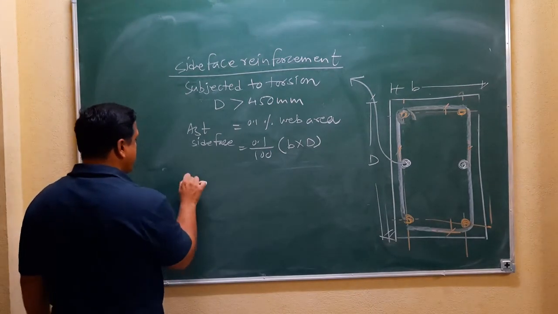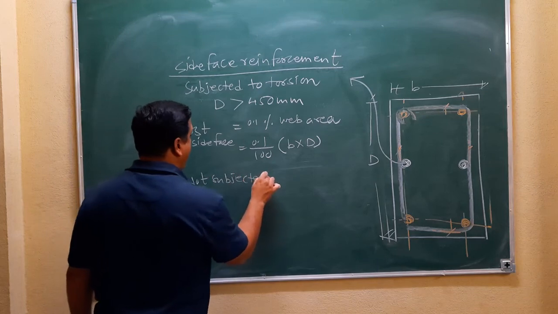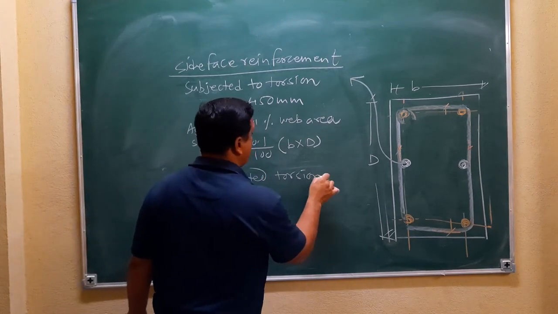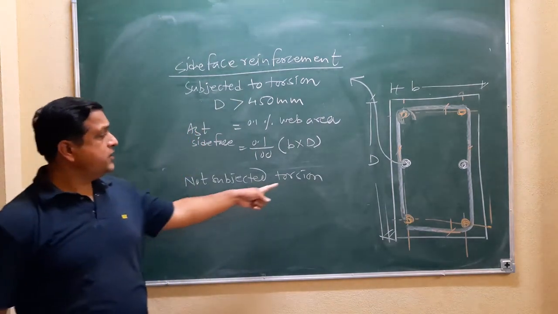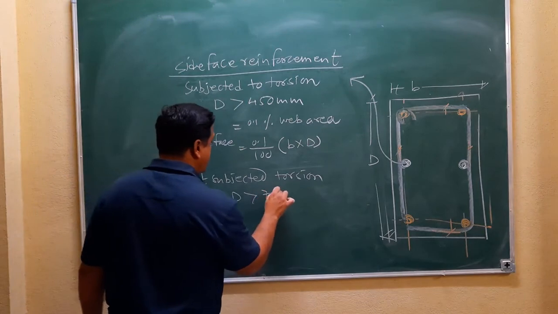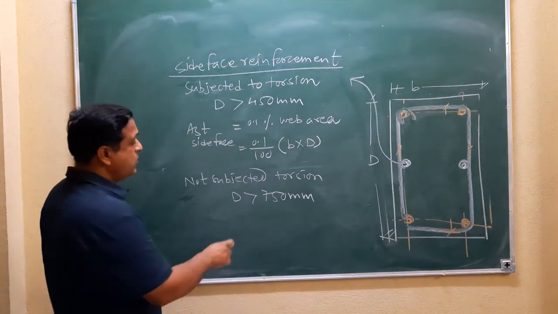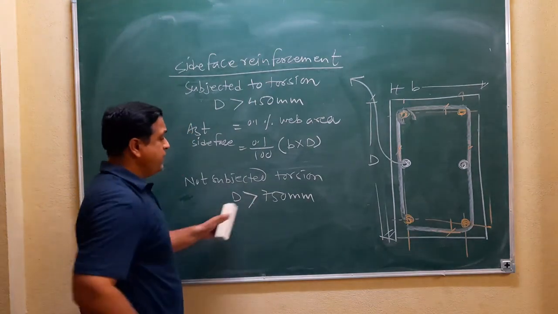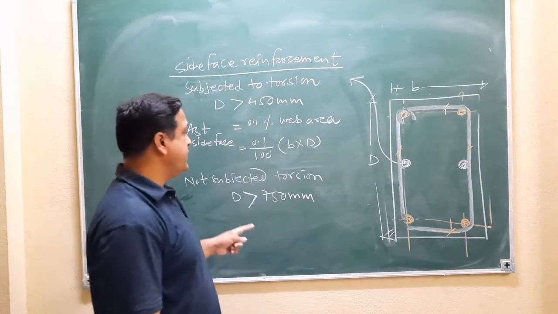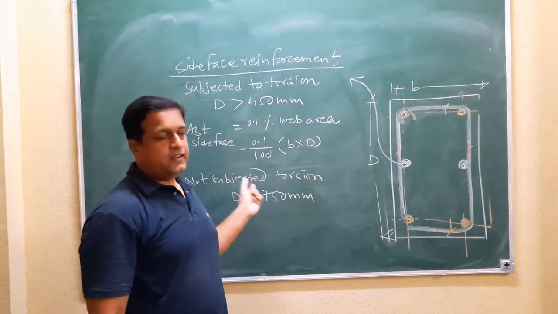And when the beam is not subjected to torsion, but the depth of the beam is more than 750 mm, then the side face reinforcement is required as per the same criteria.